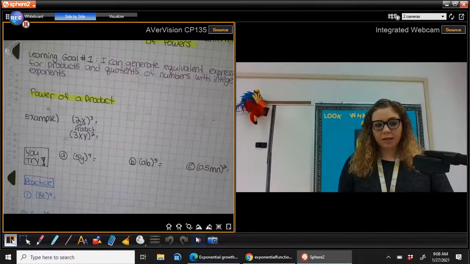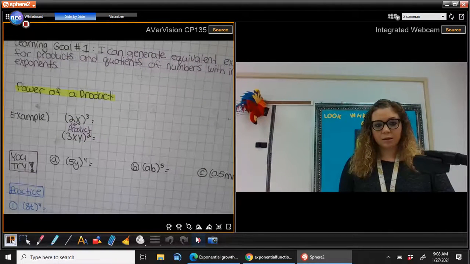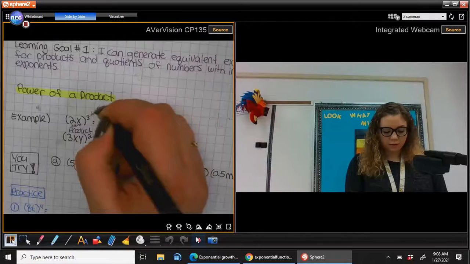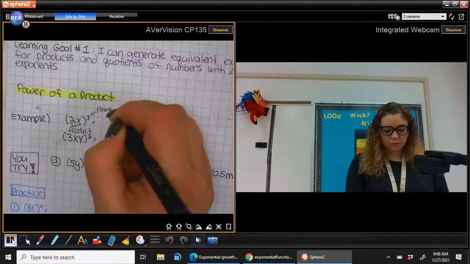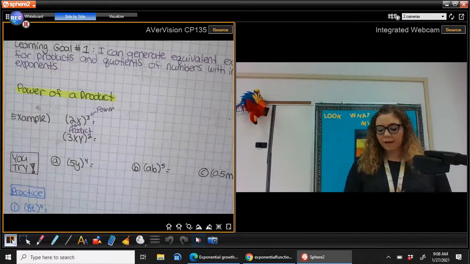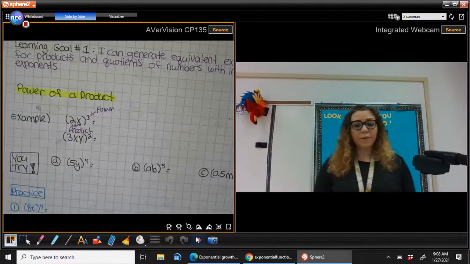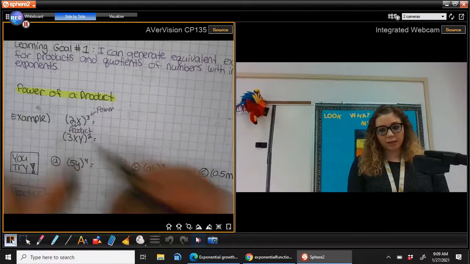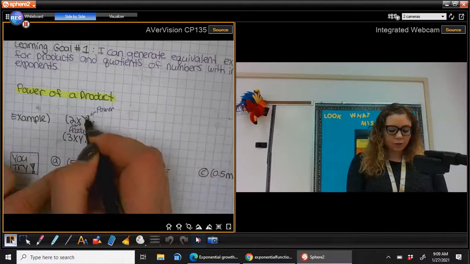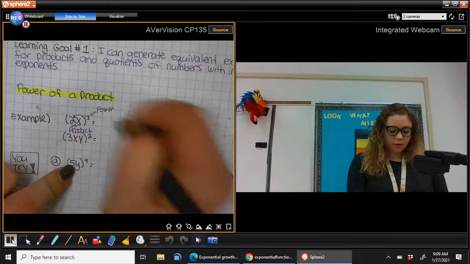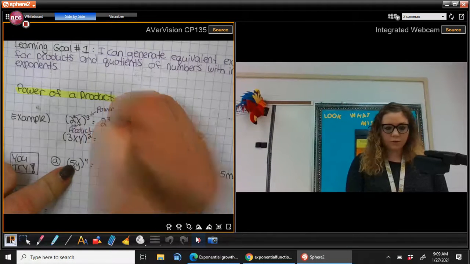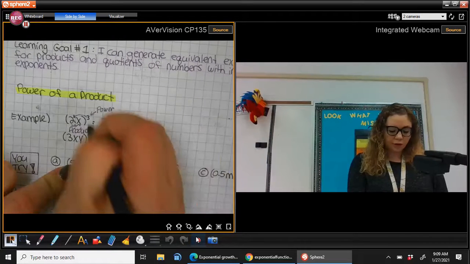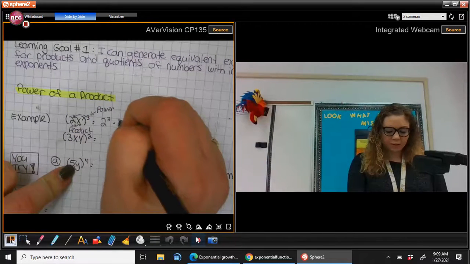And then I have my power, which is my exponent. Anytime you have this, you have to distribute this exponent into each thing in the parentheses. So you have to distribute it to the 2. So that's going to be 2 to the third. And then you have to distribute it to the x. So that would be x to the third.